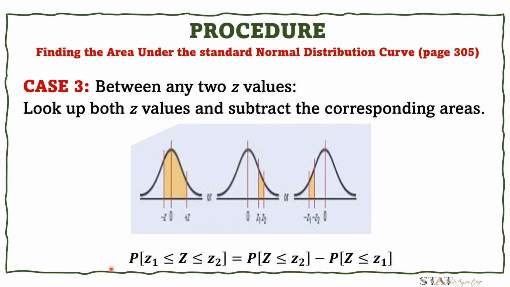Mathematically, the probability of z1 less than or equal to z less than or equal to z2 is equal to, you have to look for the greater z value first, the probability of z less than or equal to z2 minus the probability of z less than or equal to z1.